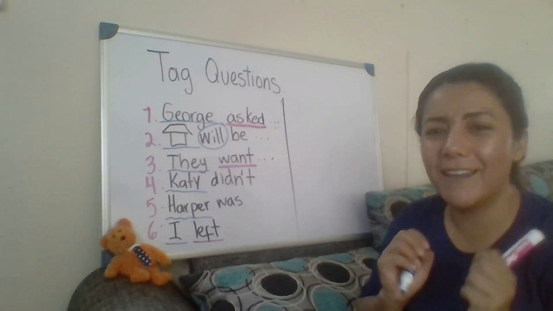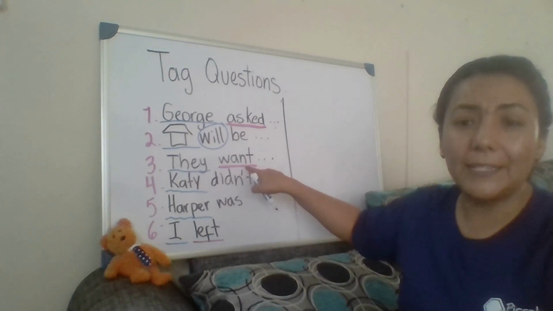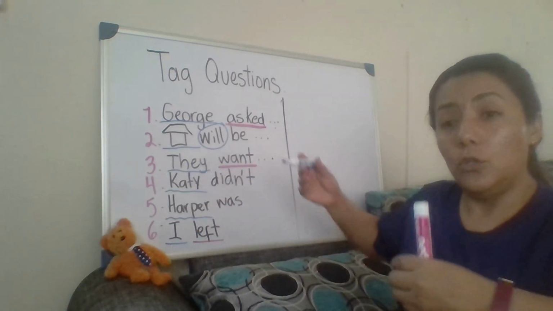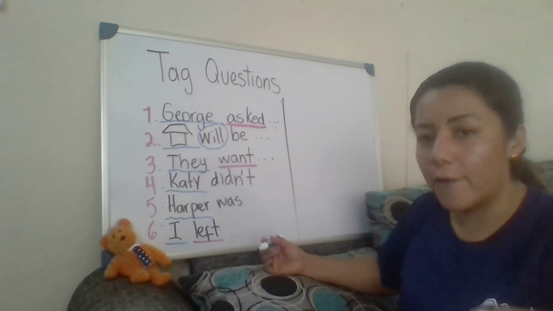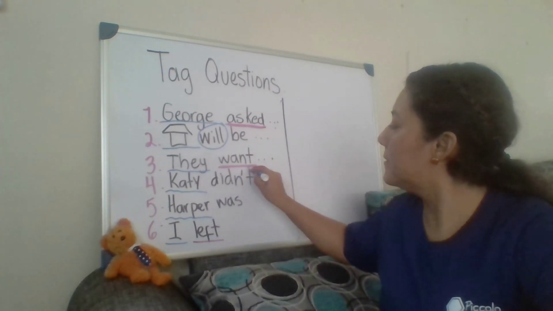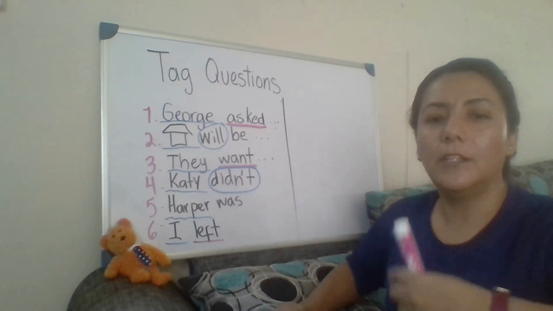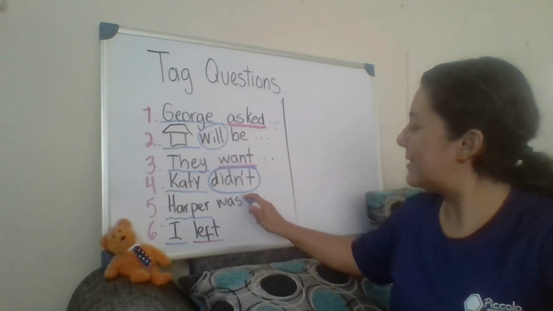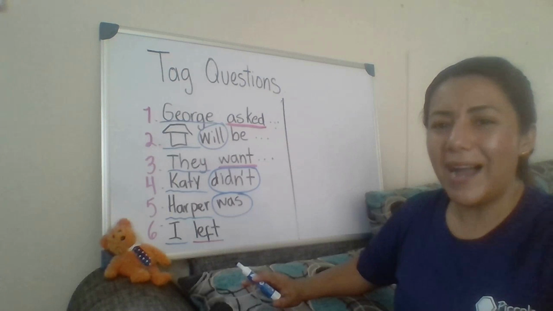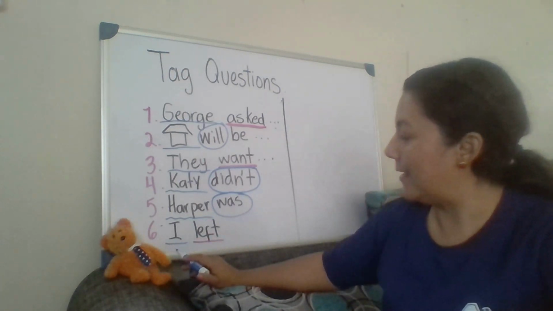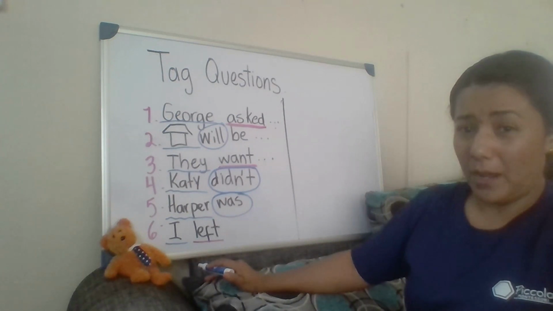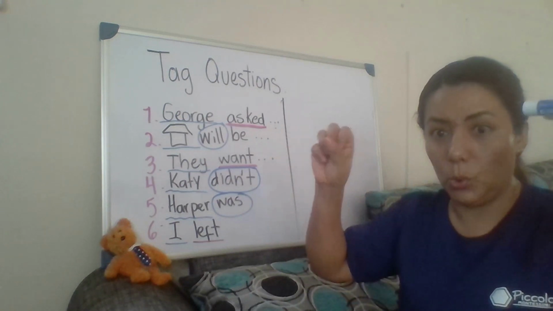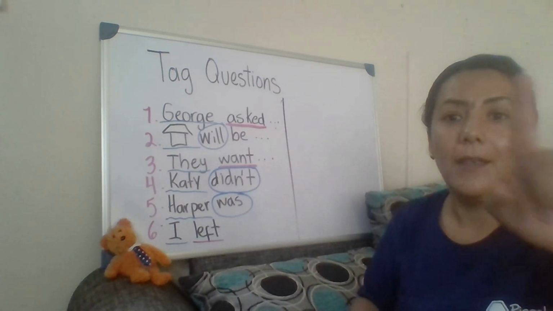No. What are we going to do? Underline it in red. We have to find it. Number 4. Do we have a helping verb in number 4? Yes. Didn't. Number 5. Do you see a helping verb? Yes, it's was. And number 6. Do you see a helping verb? No, that's why I underlined it in red. It's two problems.